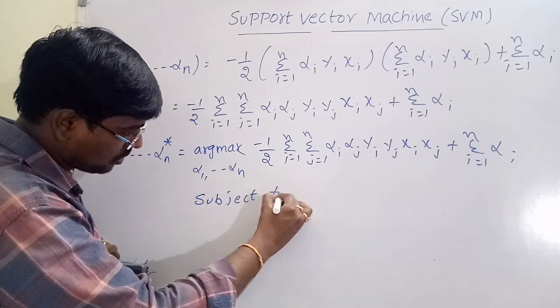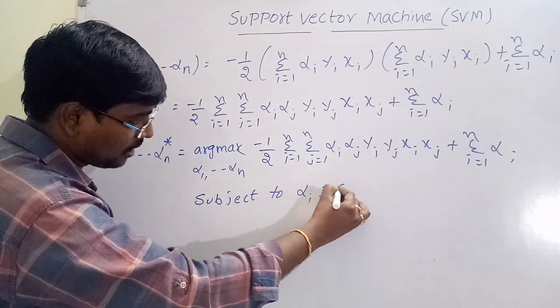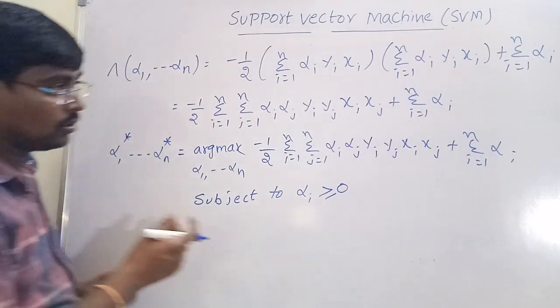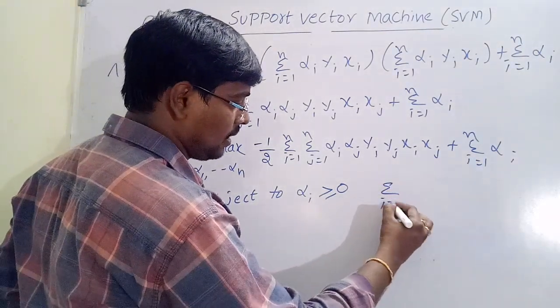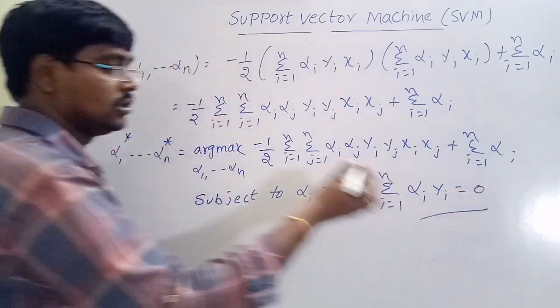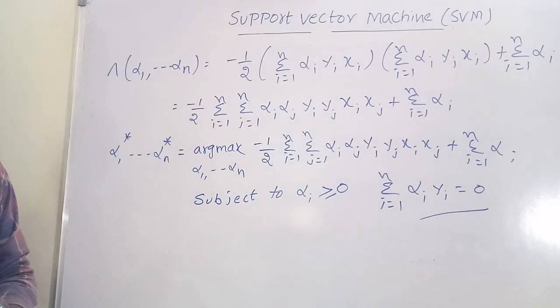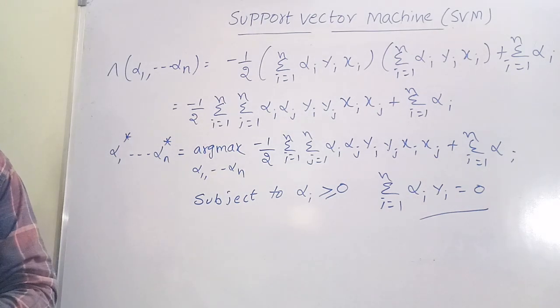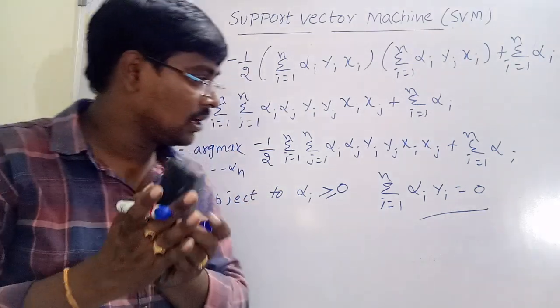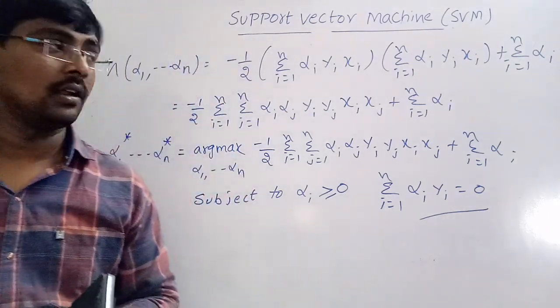Subject to alpha i greater than or equal to 0, and sigma i equals 1 to n alpha i yi equal to 0. Remember, sigma alpha i yi is equal to 0, for 1 less than or equal to i less than or equal to n.